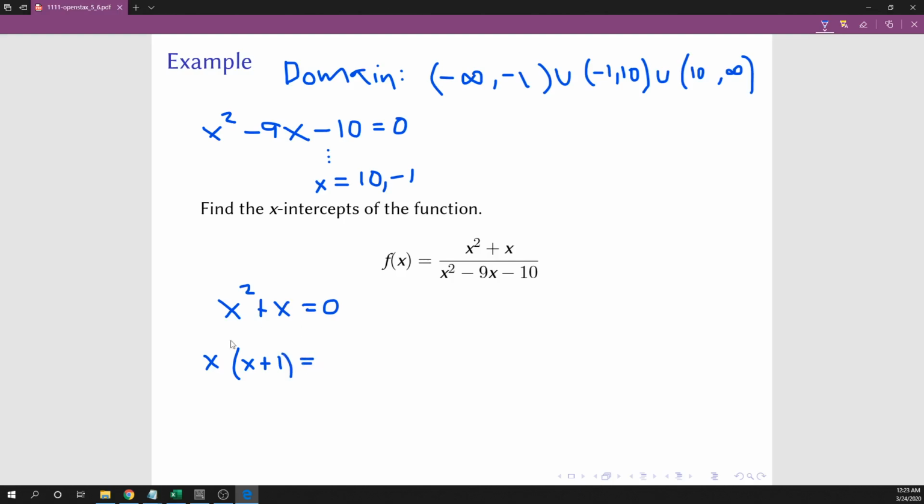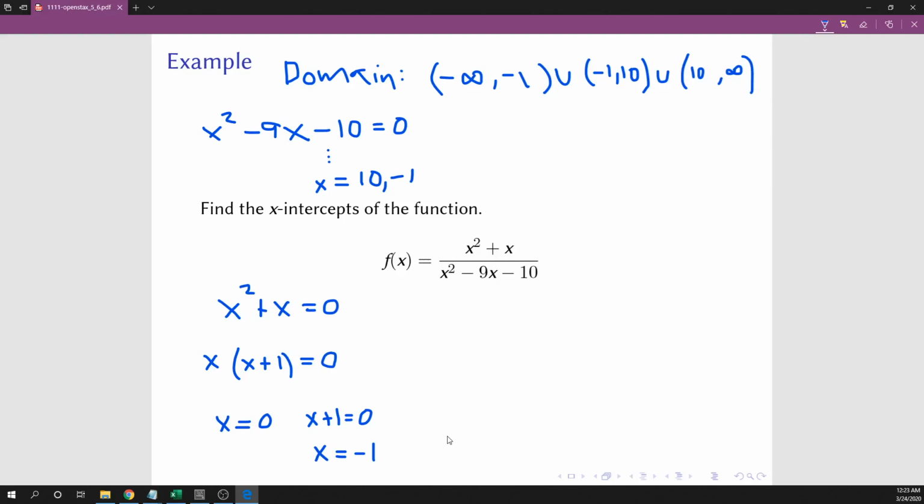And that will make this factored. And then we would set each factor equal to 0. So x equals 0, set the x plus 1 equal to 0, and solve that out. This one's already solved. And here we get 0 and minus 1.